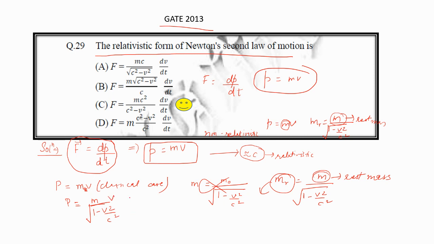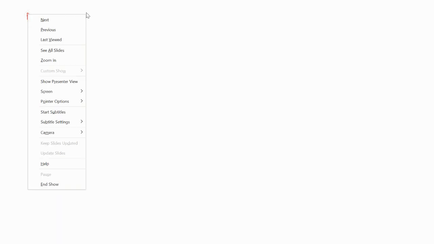Okay, but force is dp by dt, so we will differentiate it. What was momentum? mv upon under root 1 minus v square by c square.